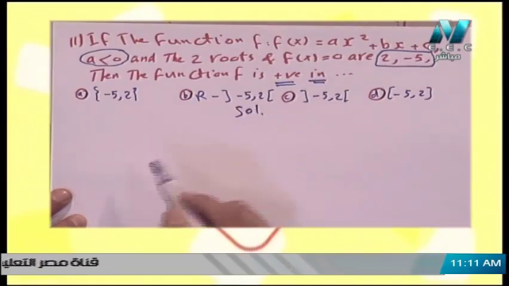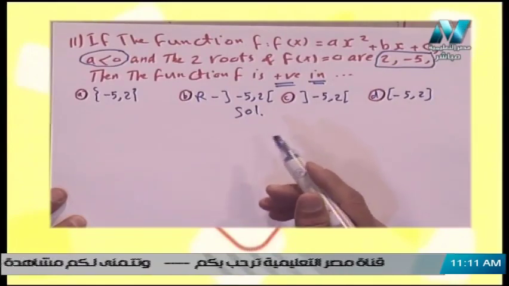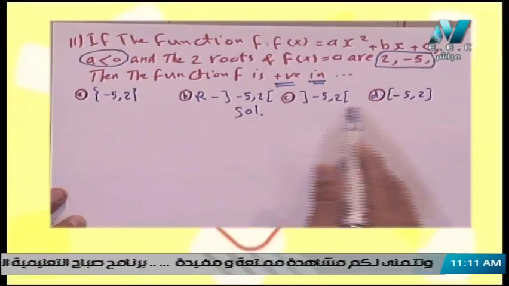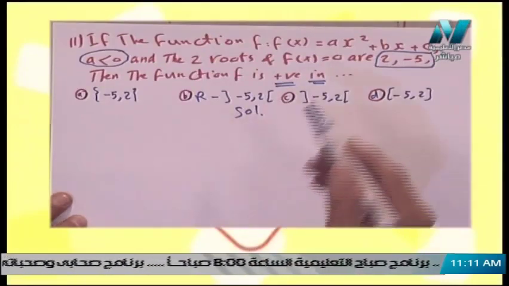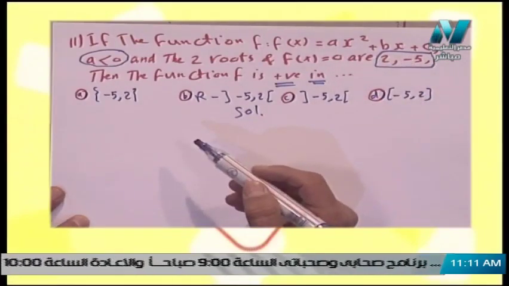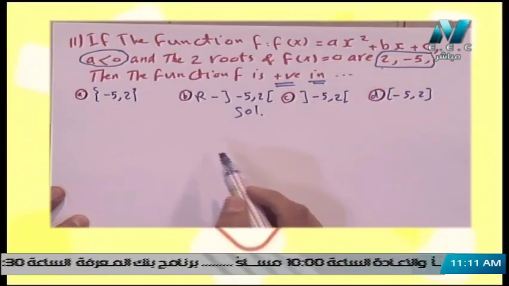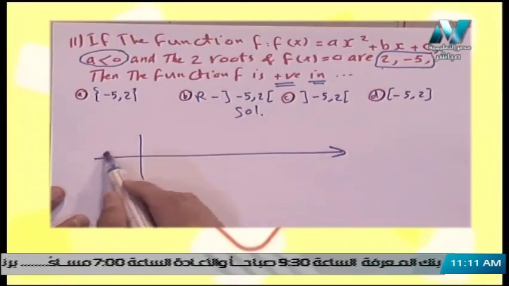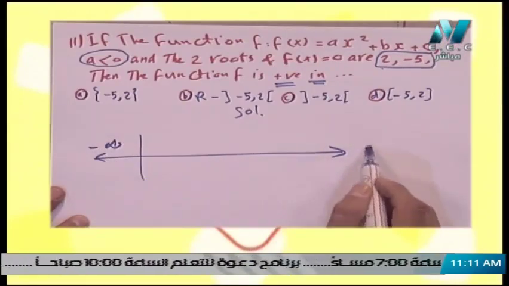Okay. He asked about what the part of the interval from these parts is positive. Okay. Don't care about a and b. We have here 2 and the negative 5, the two roots, and remember the number line here, it's from negative infinity to infinity.